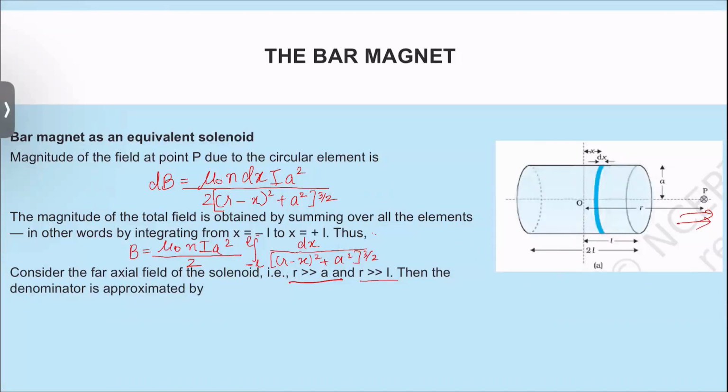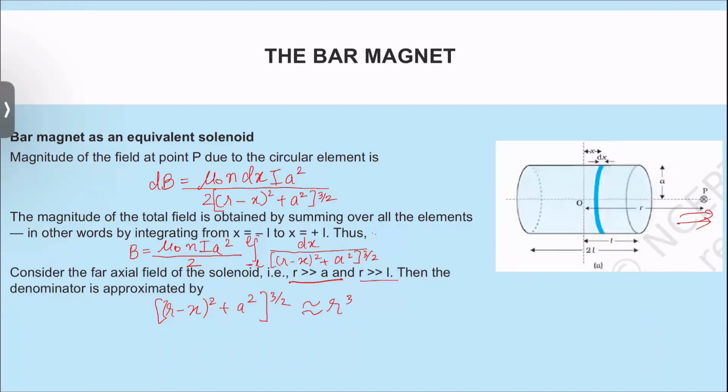Okay, if we consider that, what we are remaining with, the denominator, becomes (r minus x) square plus a square, okay, a by 2 will simply become r cube.